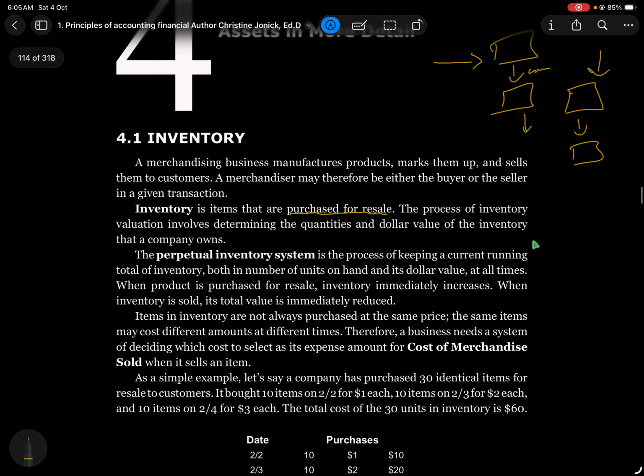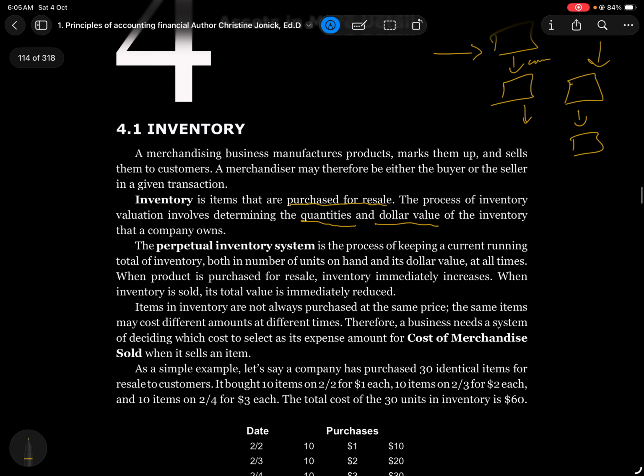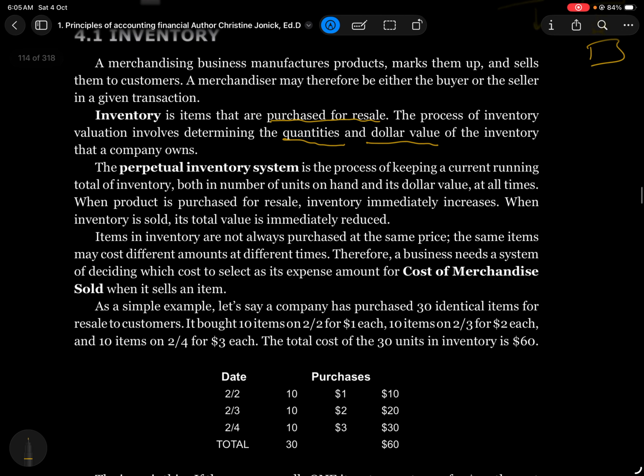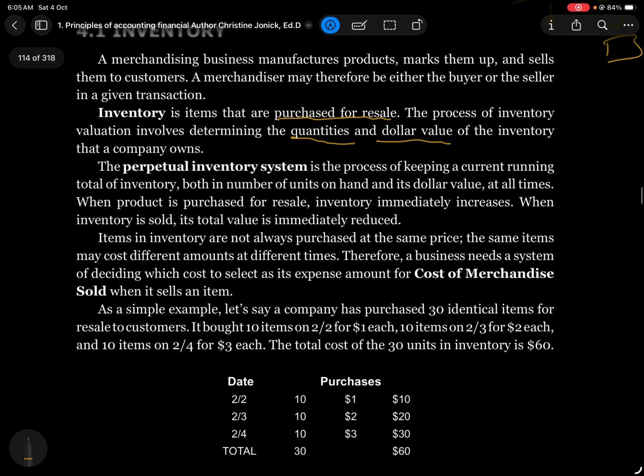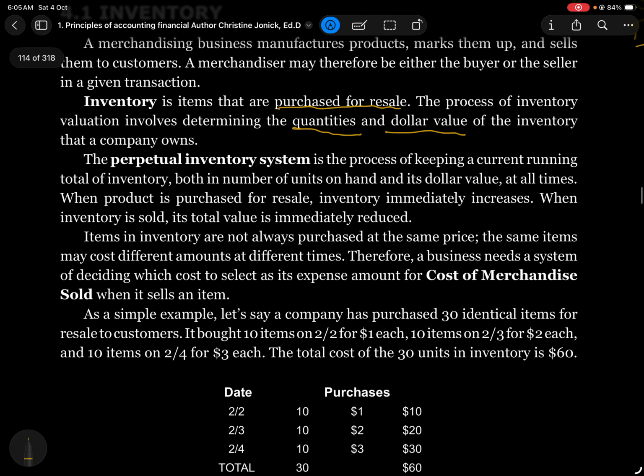Normally, inventory has two different kinds of process. First of all, determining the quantity, and then the dollar value. In a perpetual system, we would keep a running total of inventory, both in units on hand and its dollar value at all times.